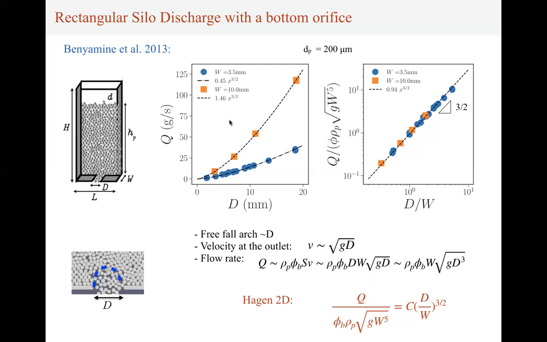This power law is exactly the scaling that we can expect using Beverloo scaling. If we have a free-fall arch which scales with D, then the velocity scales with the square root of gD, and the surface is D times W, and then we recover this power law 3/2. If we make the data dimensionless using the thickness of the silo, all the data superimpose, and we have this nice 3/2 scaling, so nothing special.